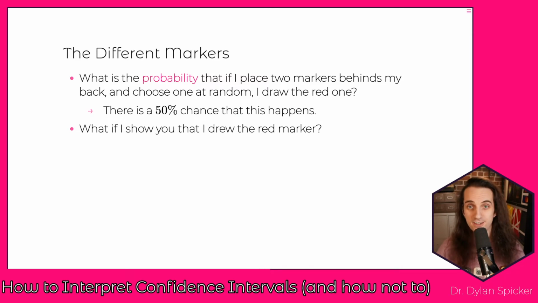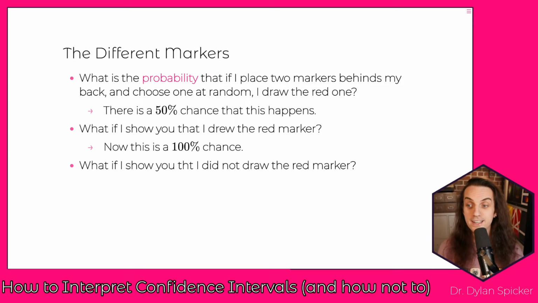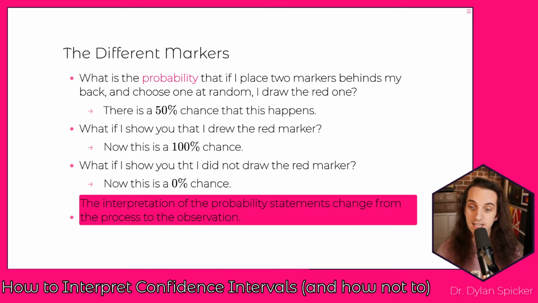But if I show you that I actually drew the red marker, now there's a 100% chance. And if I show you that I did not draw the red marker, well, now there's a 0% chance. And so the interpretation of the probability statements changes from when we're thinking about the process to when we're thinking about the actual observations. The process has a 50% chance, but the observations are either 0 or 100.